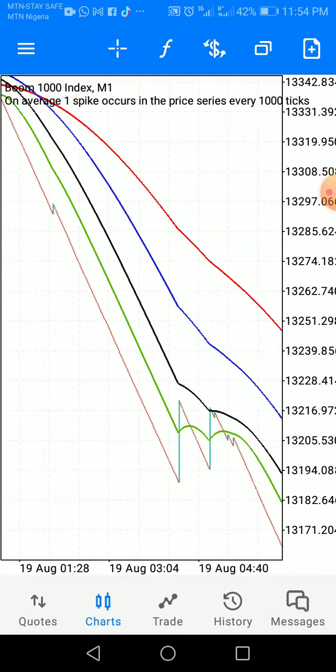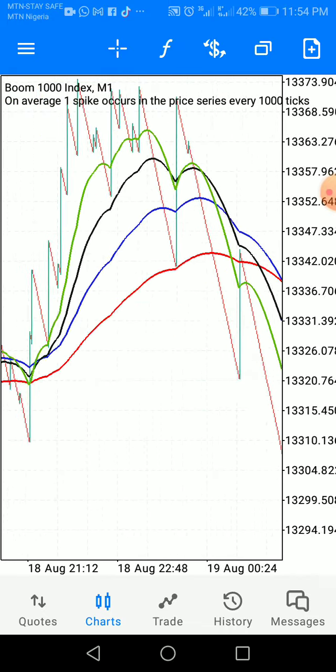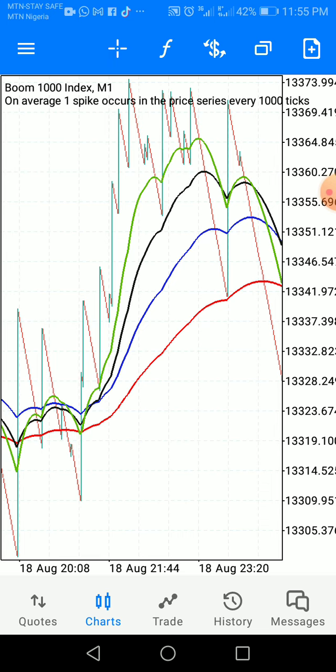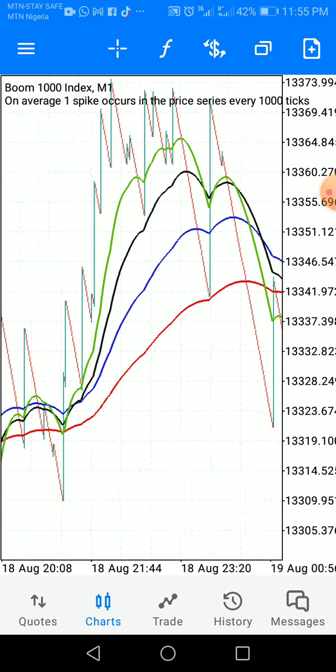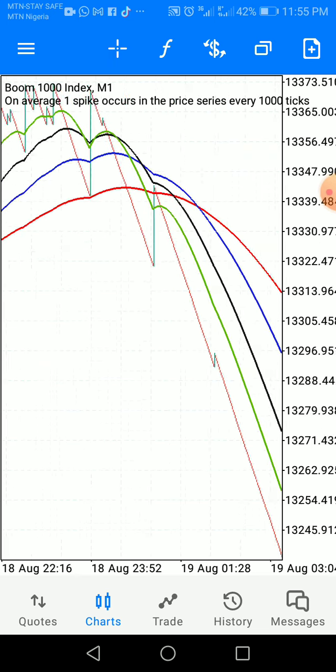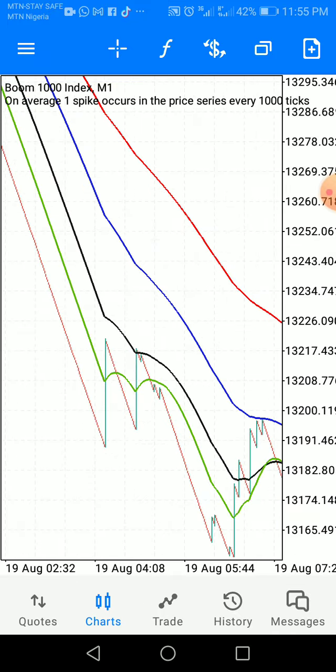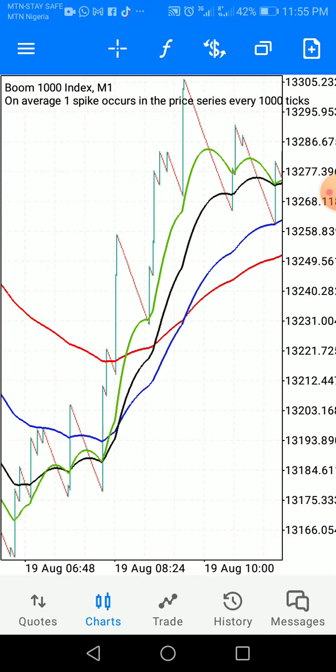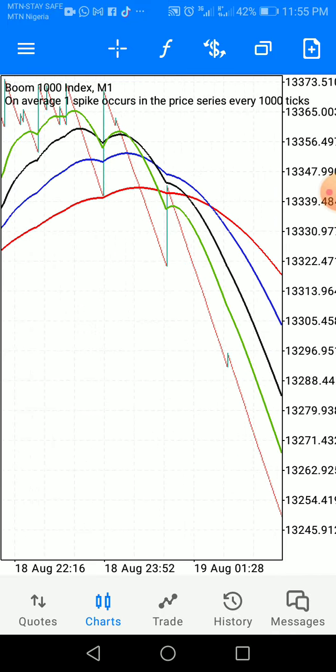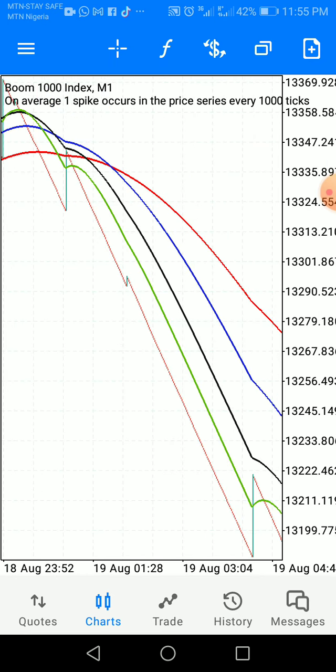This strategy is used to trade with the trend, and it helps you stay longer in the market if you want to follow the strategy.